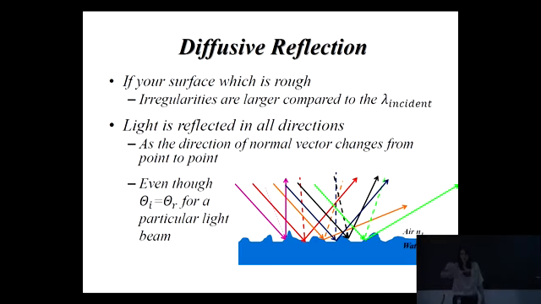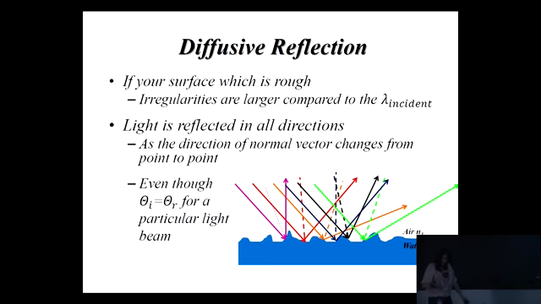All the light will be reflected back into the incident medium. So it's kind of the opposite way. But in this talk, I'll just be focusing on light that goes from a lower refractive index into a higher refractive index. So what I will be focusing on is diffuse reflection and also specular reflection.